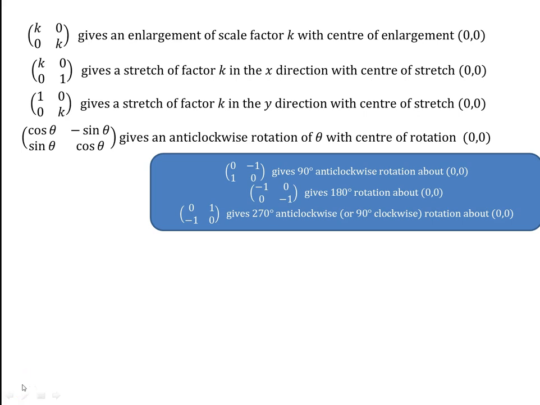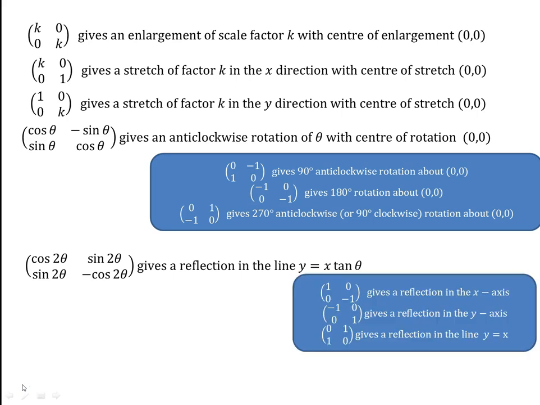And finally, we saw that the matrix cos 2 theta, sine 2 theta, sine 2 theta, minus cos 2 theta gives us a reflection in the line y equals x tan theta. If we substitute in theta equals 0, that gives a reflection in the x-axis as being 1, 0, 0, minus 1.